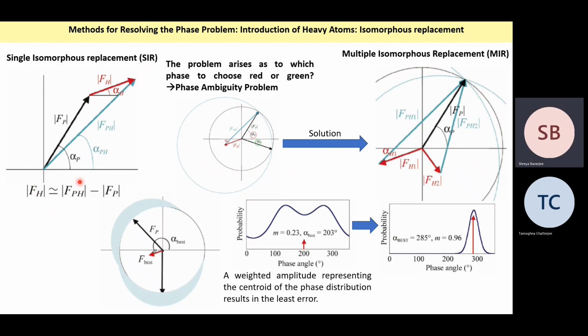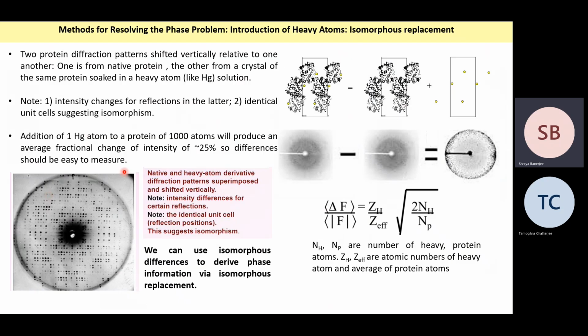So if you find FPH and subtract FP, you can find the heavy atom contribution. Here you have the diffraction pattern from the co-crystallized heavy atom and protein, and the diffraction pattern only from the protein. If you subtract them, you will find the diffraction pattern from the heavy atoms.